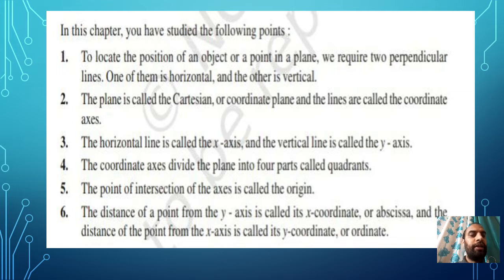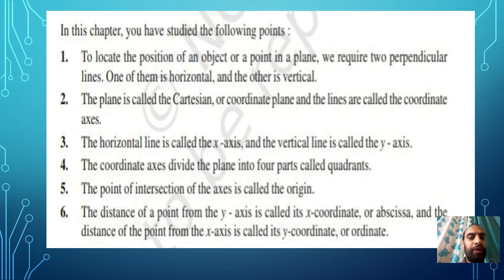Similarly, the vertical number line is called the y-axis. Number 4, the coordinate axes divide a plane into 4 equal parts. These are called quadrants. Then the 5th point, the point of intersection of the axes is called the origin. Origin is in the center.